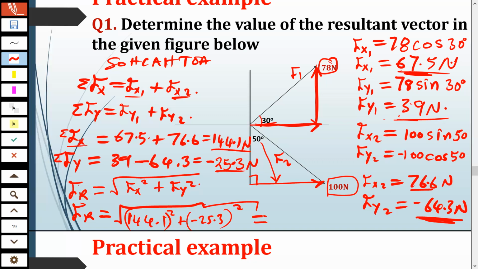And we have to find the solution there. So the solution is simply 146.3. So the resultant force is 146.3 newtons. So that is the resultant force. So these things are very simple. You just need to take them step by step.